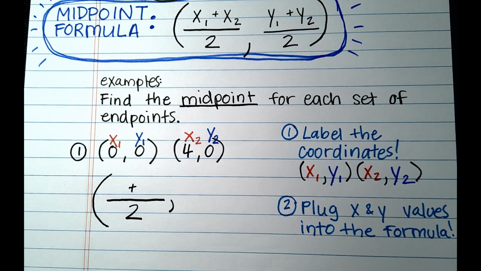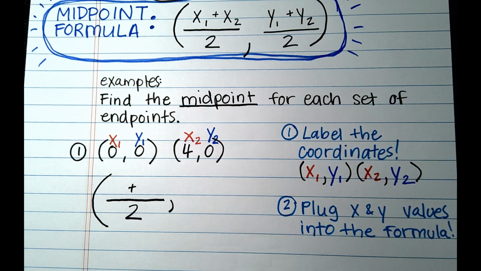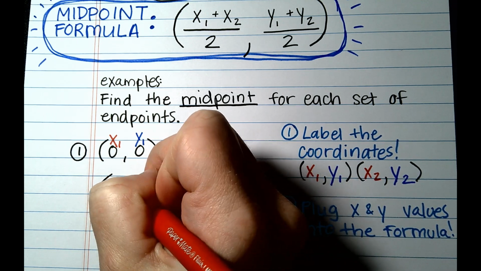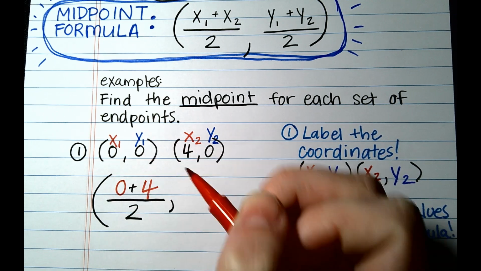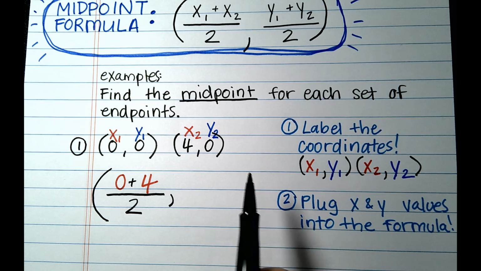Okay, so my formula says we're going to do x1 plus x2. So what am I going to write here? 0 plus 4. 0 is x1, 4 is x2. Perfect. So I have 0 plus 4 divided by 2. That will be my first coordinate.